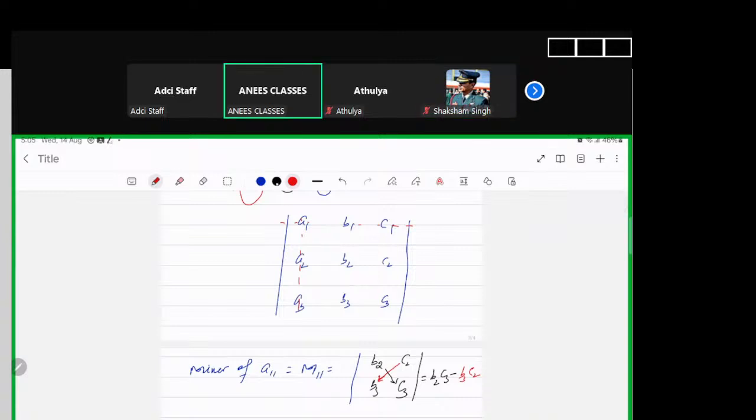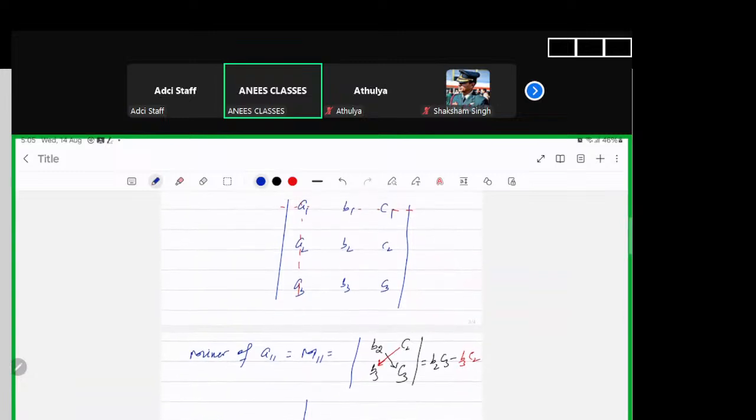So similarly, if I want to find M12, in place of M12 you have B1. Along B1, delete the row and column. So you will be left with A2, C2, A3, C3. You will expand like that: A2 will be multiplied with C3 and A3 will be multiplied by C2, and in between you have to take minus.